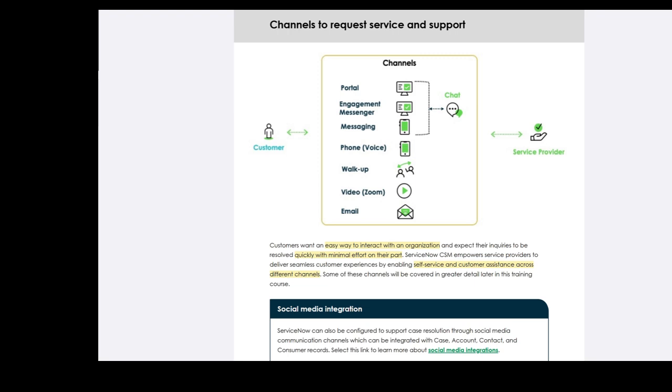So you can see here, phone call is one method, email is another method. Then we have portal in ServiceNow. If the service provider is using the CSM module, then the customers get access to the portal that works like an end user portal, where you can raise a case.